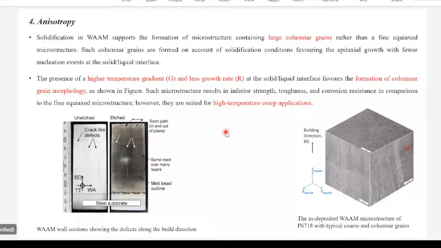Such columnar grains are formed on account of solidification conditions favoring epitaxial growth with fewer nucleation events at the solid liquid interface. This epitaxial growth will be everywhere in the VAM component. When we are building in the build direction, first layer and then second layer, the interface zone in the inner layer will have epitaxial growth.